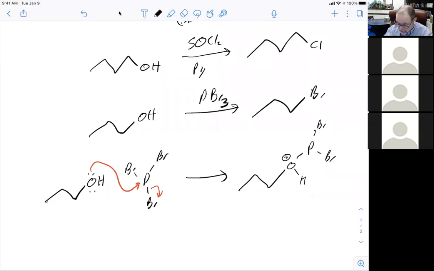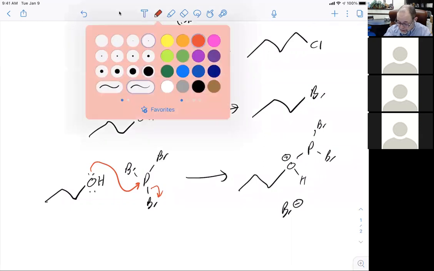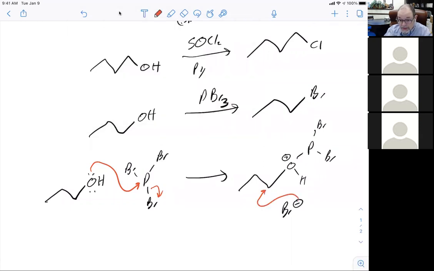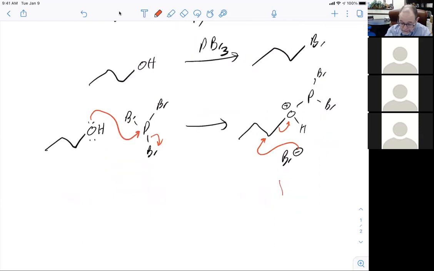Now we've got a decent leaving group. The bromide that just left is going to be our nucleophile. So the bromide comes in an SN2 style process, kicks off this. Electrons go towards the leaving group. And then this gives us our bromide plus the phosphorus compound.